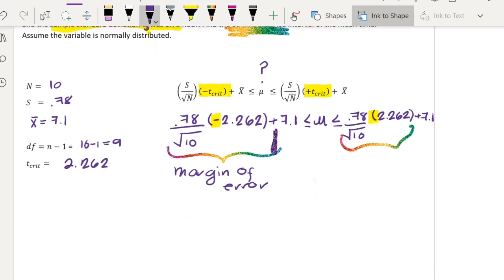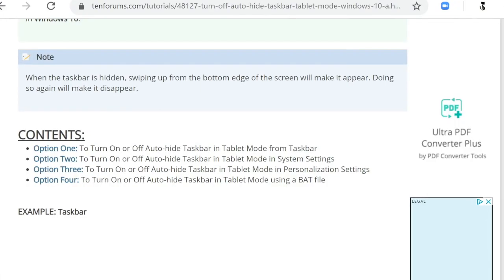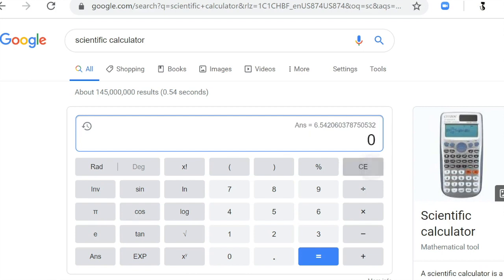Okay, and that's the first thing we're going to calculate. Let me go to a calculator over here. Cool. Let's do just the margin of error. So parentheses. Parentheses are your best friends. 0.78 divided by the square root of 10, close parenthesis, multiplied by negative 2.262. So cool, 0.557.